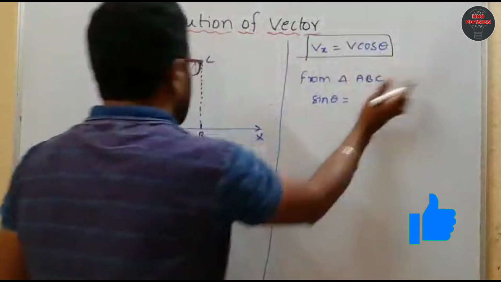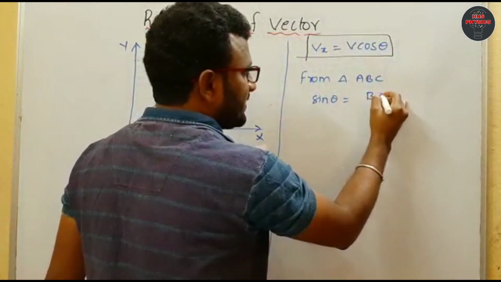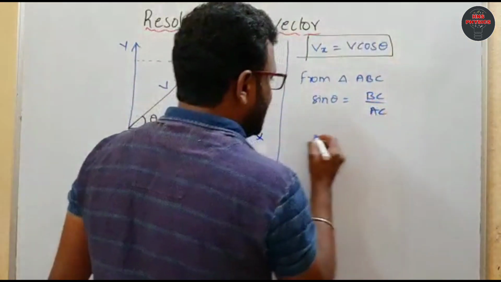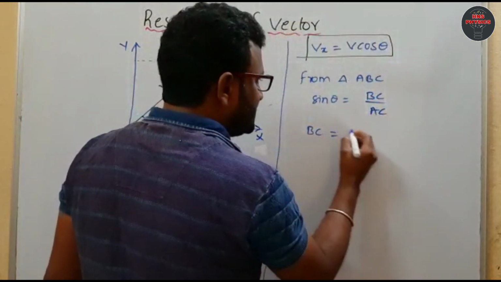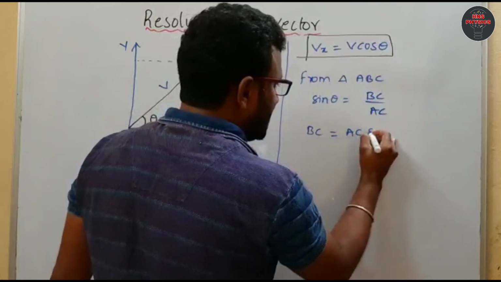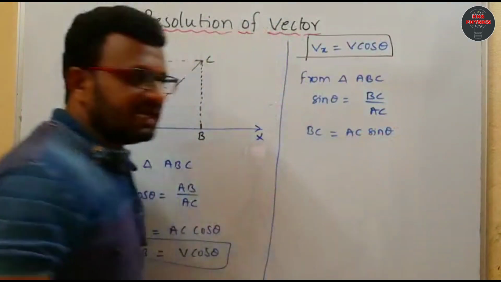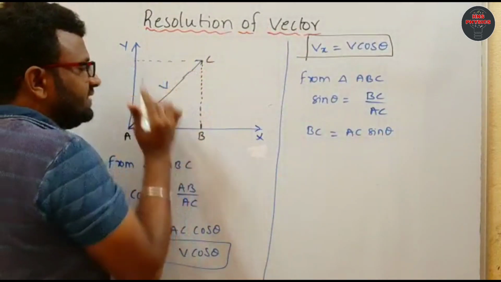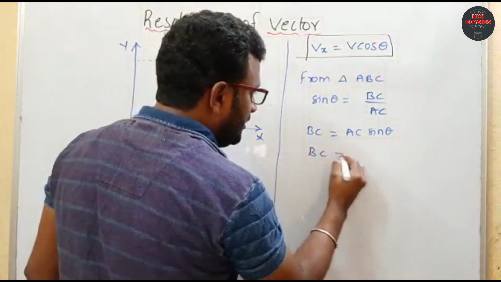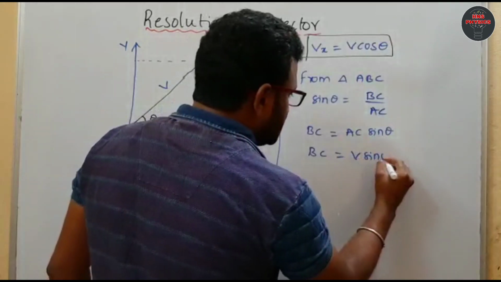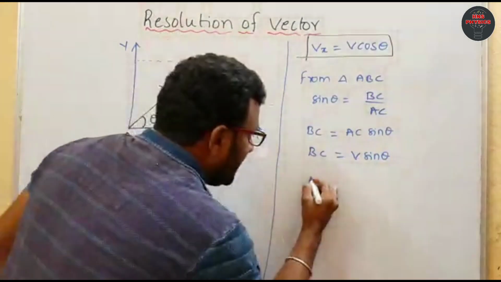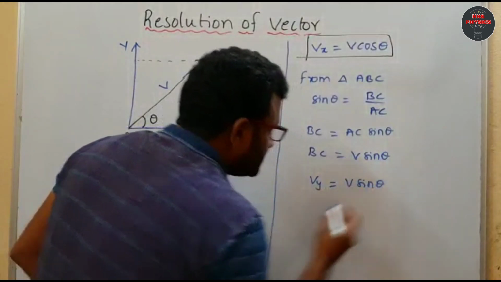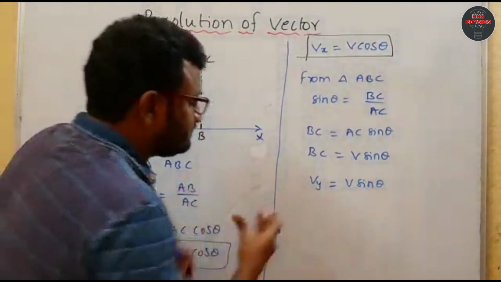So the opposite side BC by the hypotenuse AC, right? From here BC is equal to AC sin theta, where AC is nothing but V. Right, BC is equal to V sin theta. So that means here Vy is equal to V sin theta. So this is the vertical component.